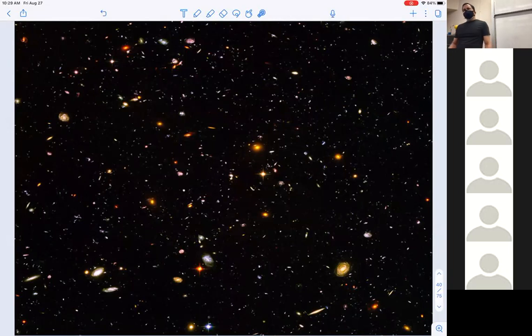Do we know how many light years across that photo is? Oh, across? Yeah, like from our perspective, it's several inches, but obviously it's much more. Yeah, I don't know. It's the ultra deep field image, so it's a question of how far back they're looking.